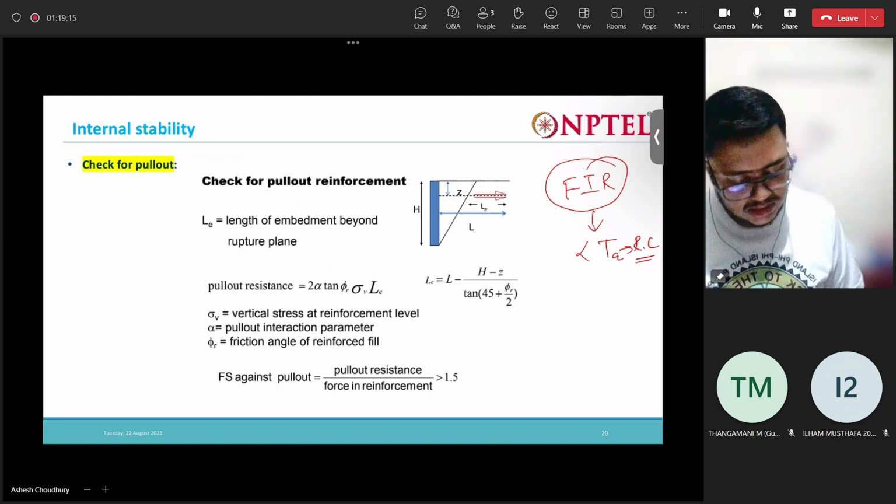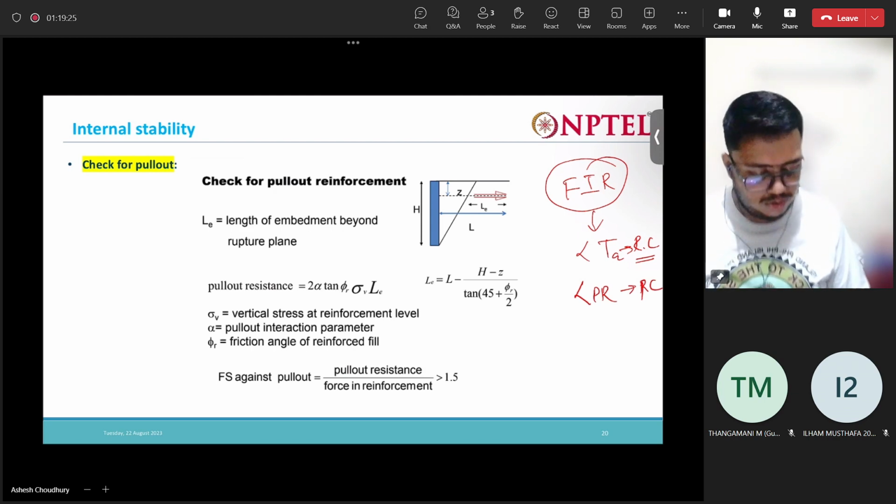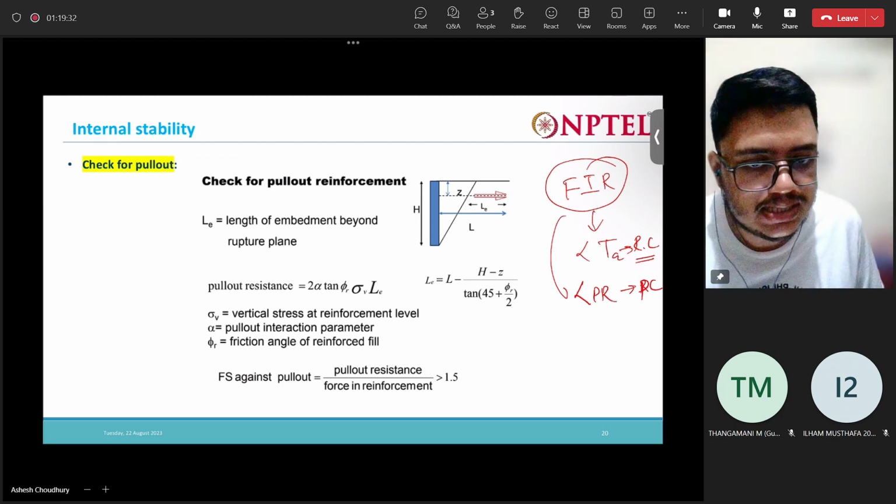Okay. Now this force in reinforcement should also be less than the pull-out resistance. This is the pull-out check. Now, how to determine the pull-out resistance?